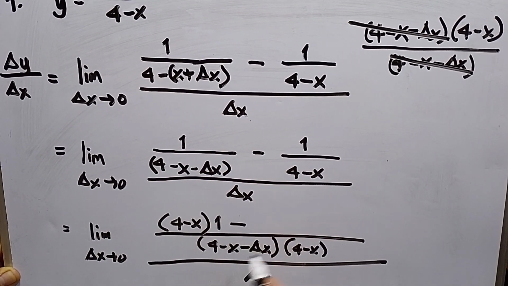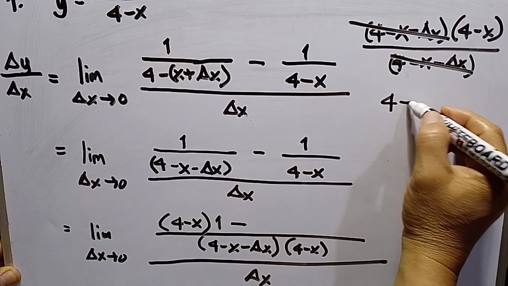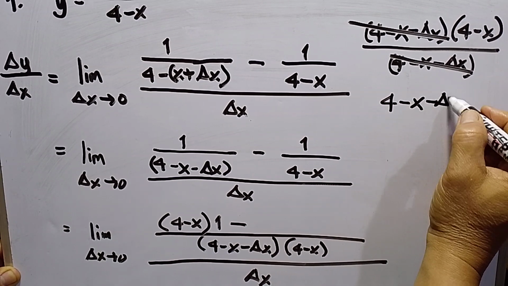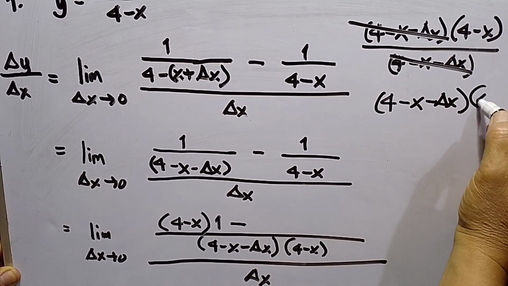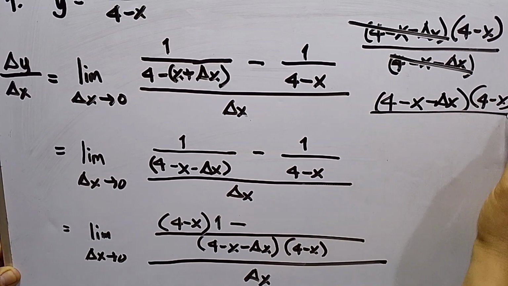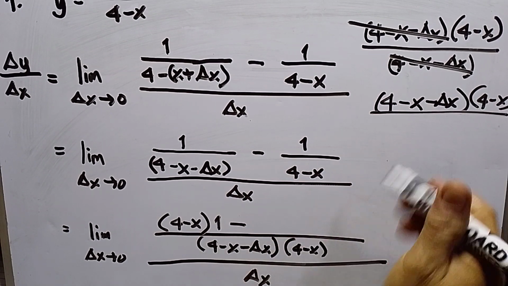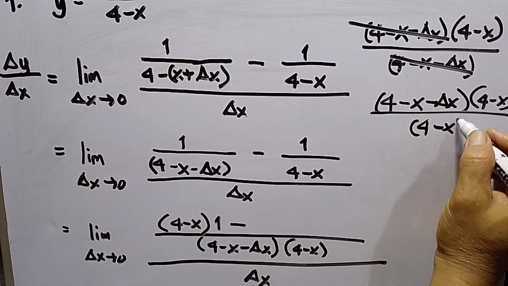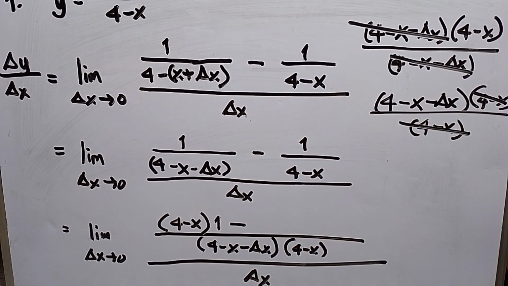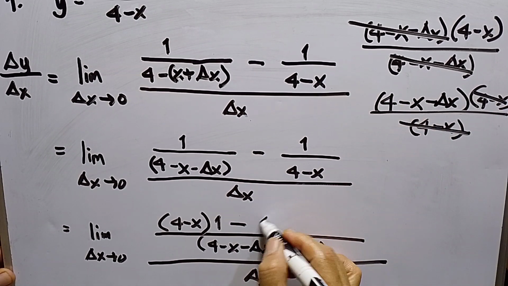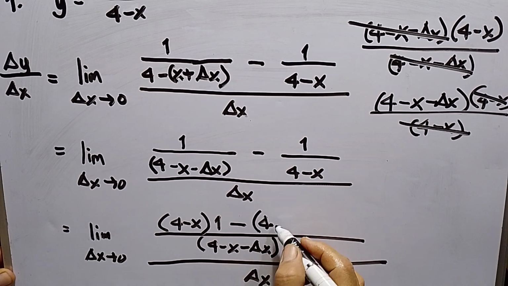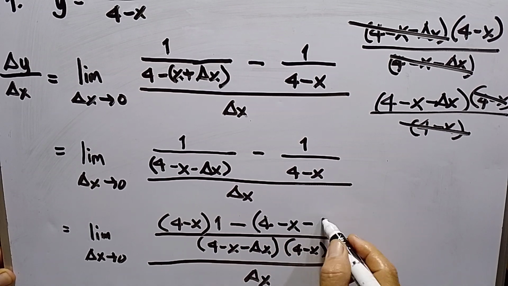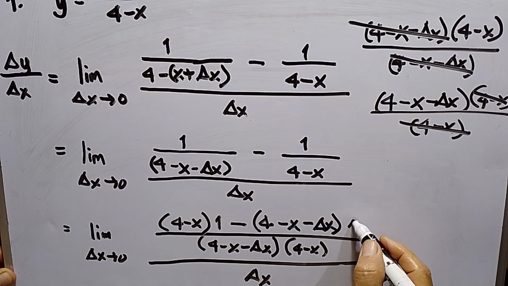Then minus the LCD divided by the second denominator 4 minus x, which is crossed out, leaving 4 minus x minus delta x times 1.